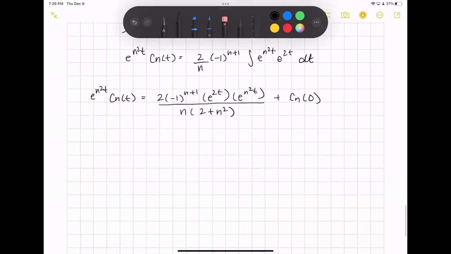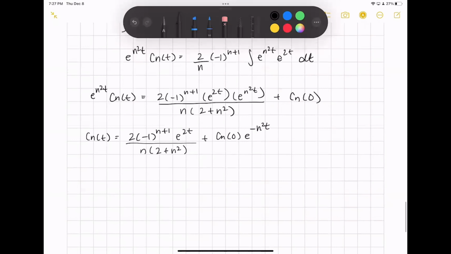All right, so now if we just bring the e to the other side, we're left with this. So the next step here is to plug it back into the PDE.